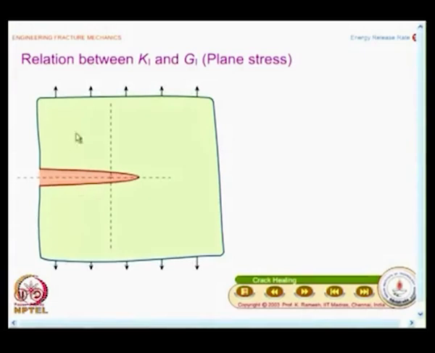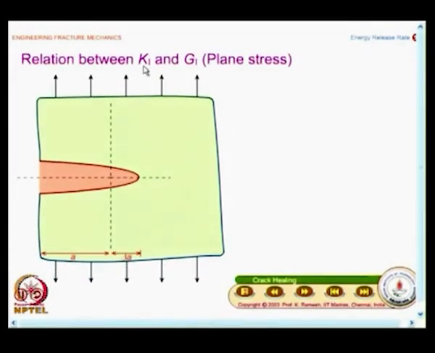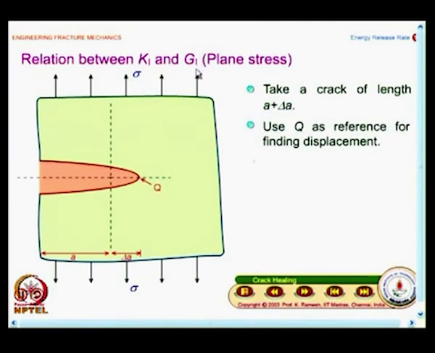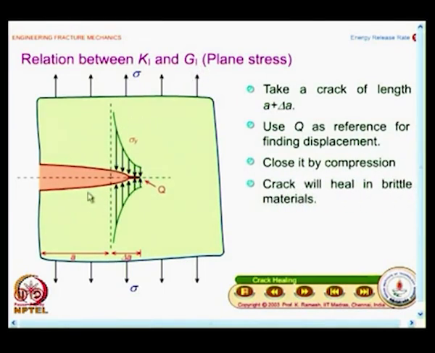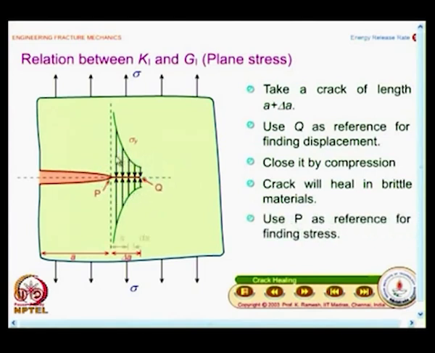Then we evaluated the relation between the stress intensity factor K and the energy release rate G. And if you watch the animation, that shows the approach that we have adopted to establish this interrelationship.